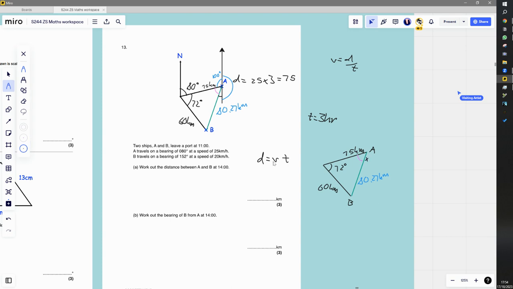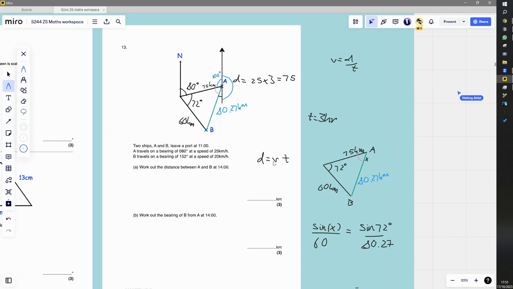So we can say the sine of x divided by the side that's opposite, which is 60, is going to be equal to the sine of 72 degrees divided by the opposite side of that, which is 80.27.